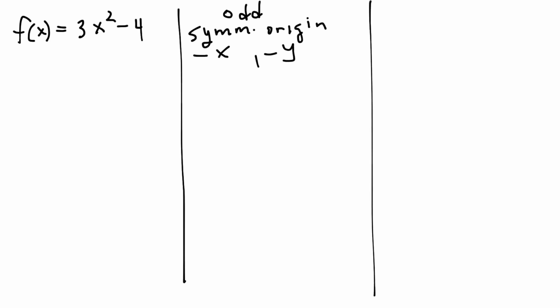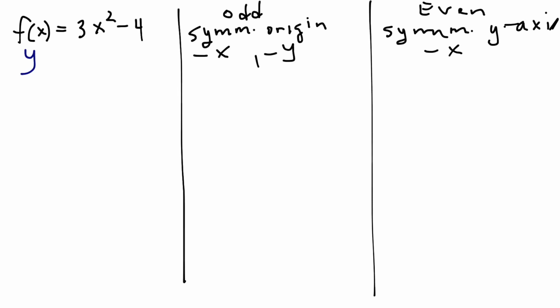Then we're going to check and see if it's even, which means checking if it's symmetric about the y-axis. In order to check that, you replace x with negative x and simplify. So this is y here.